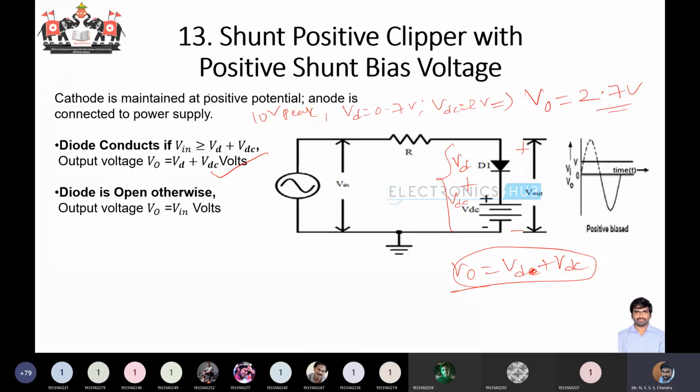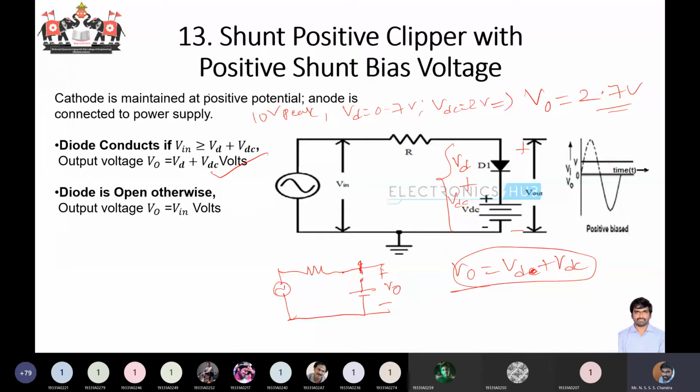If the diode is not conducting, so if it is open, the circuit will become like this. Okay, here it is open, this is your plus minus V0.